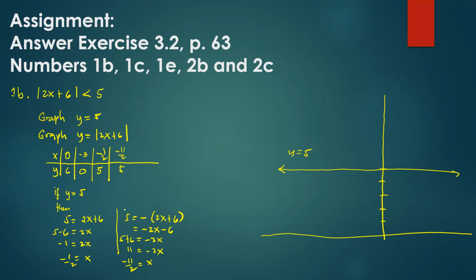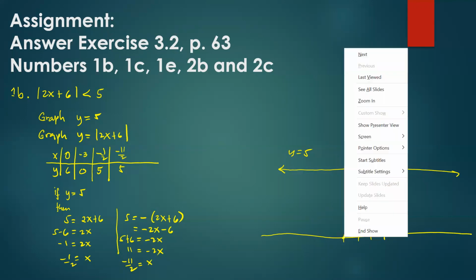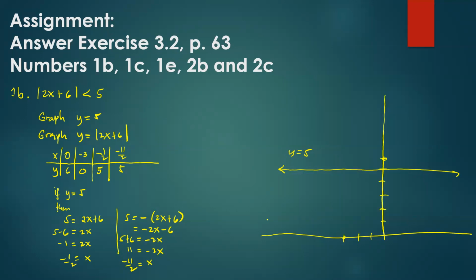Okay, so let us try to plot this. So we have 0, 6. Okay, so meaning this is where our y-intercept is. Then we have negative 3, 0. So we have negative 1, negative 2, negative 3. So this is our x-intercept.